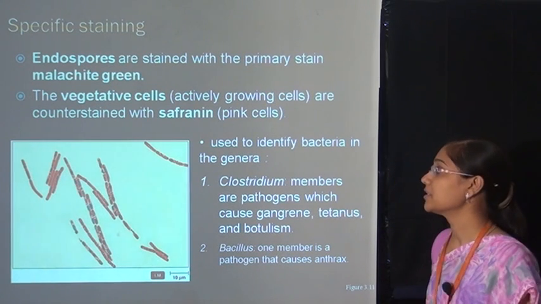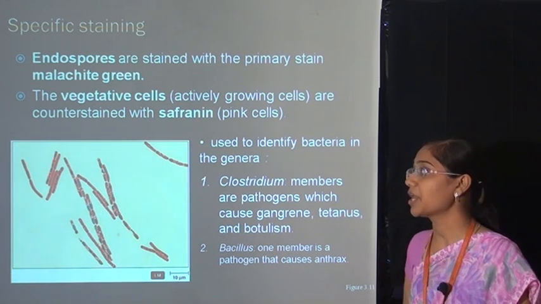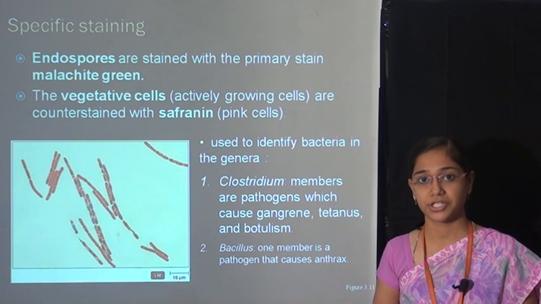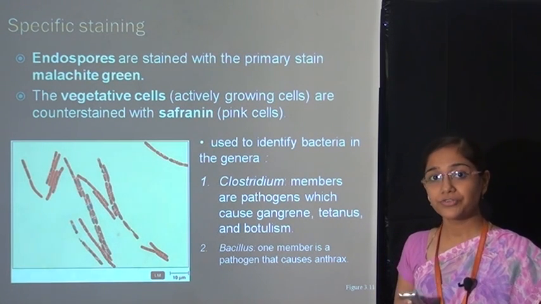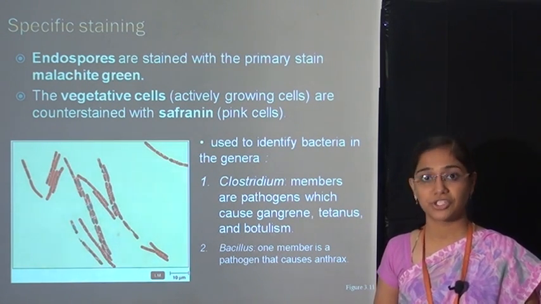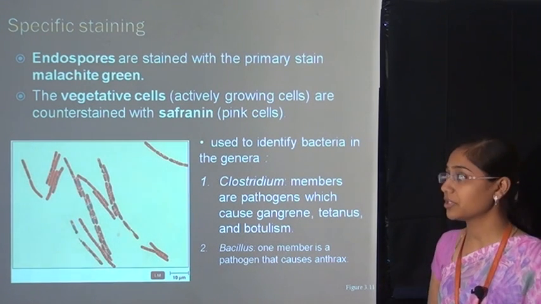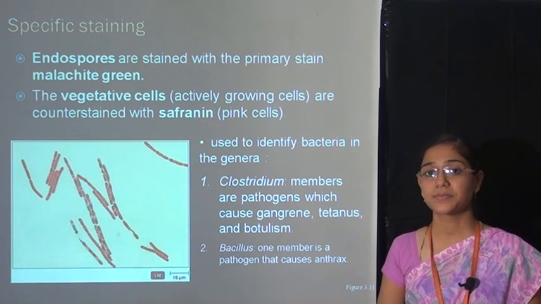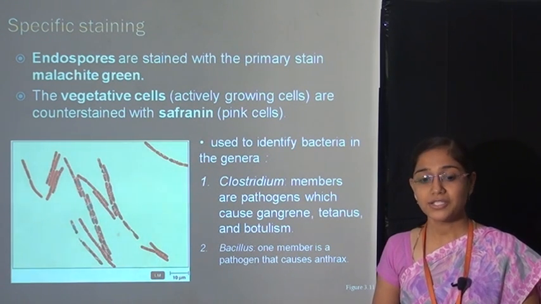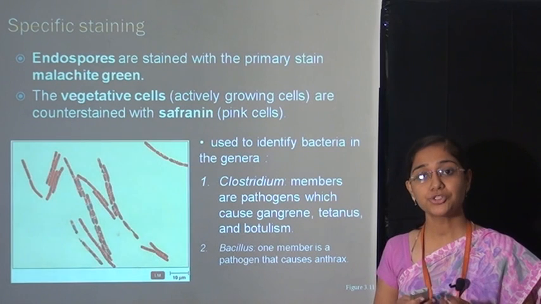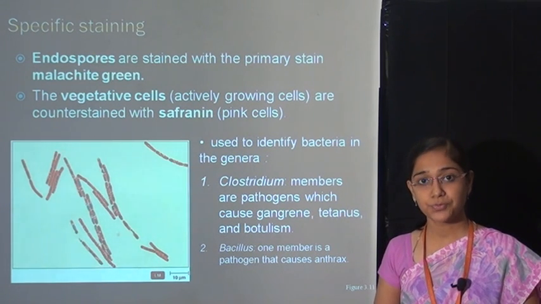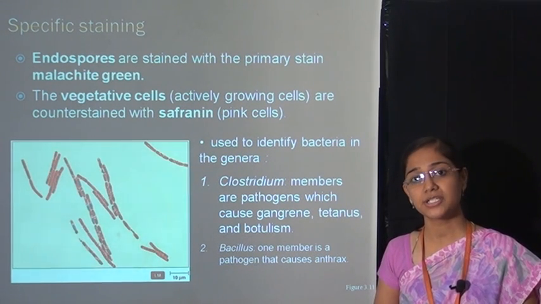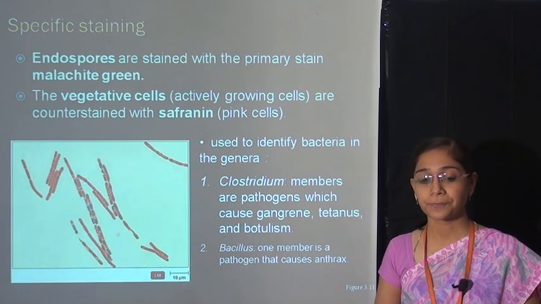Then next one is specific staining, that is endospore staining and flagella staining. We will just overview what endospore staining and flagella staining are. Endospores are stained with the primary stain, that is malachite green. There are two types of spore: endospores, which are present inside the bacterial cells, and free spores.